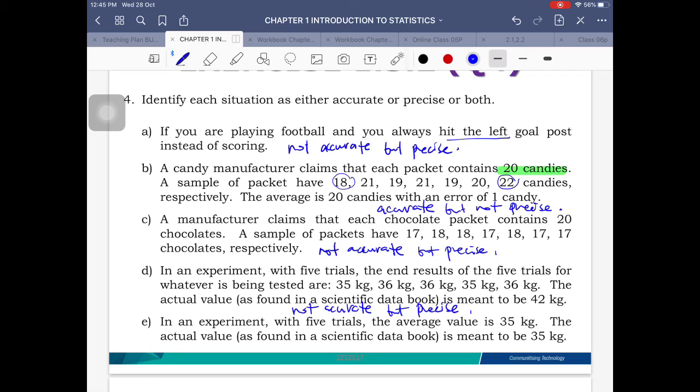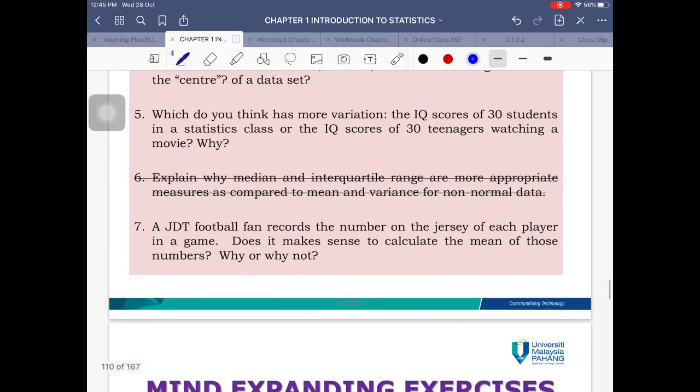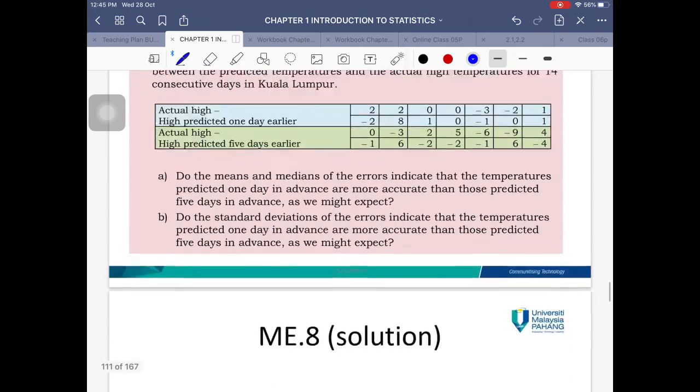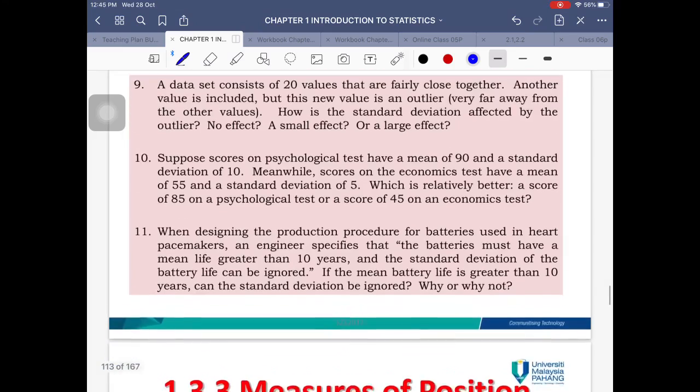It's pretty much similar to scenario C. And then for E, in an experiment with 5 trials, the average value is 35. The actual is meant to be 35. When you add together all the values and divide, you get a value of 35 when it is supposed to be 35. So this is both accurate and precise. This is what we want to go for. Okay.